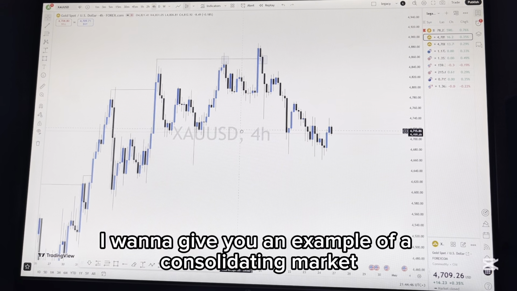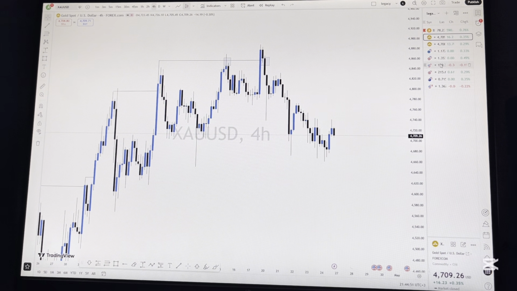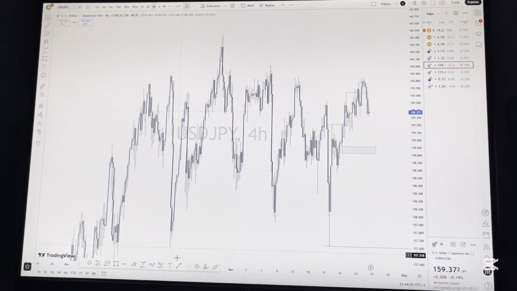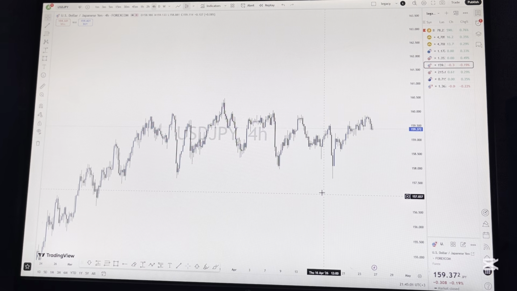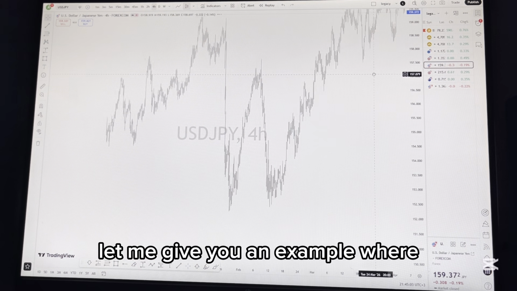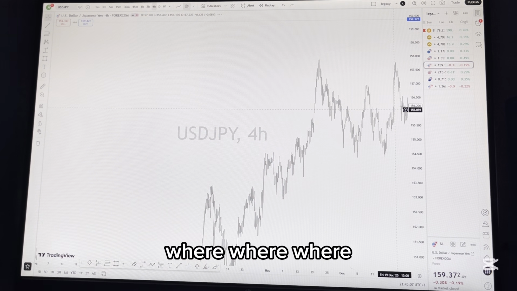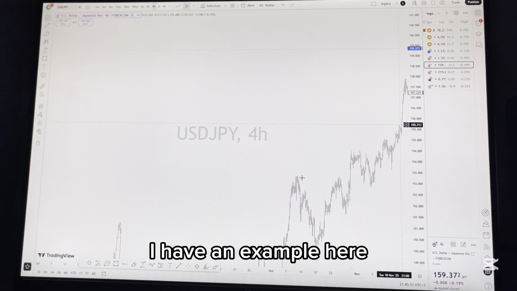So I want to give you an example of a consolidating market. Let me go to the USDJPY. I have an example here.